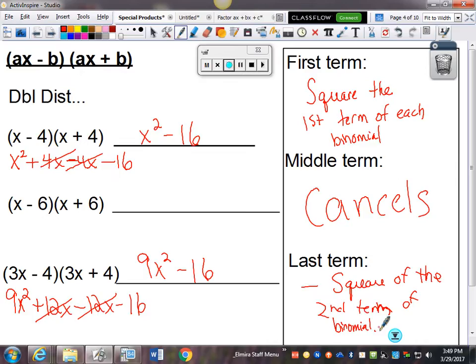In other words, if I was going to do x minus 6 and x plus 6, I would just say, okay, x times x is x squared, and minus 6 times plus 6 is minus 36. There would be no middle term, no b term.